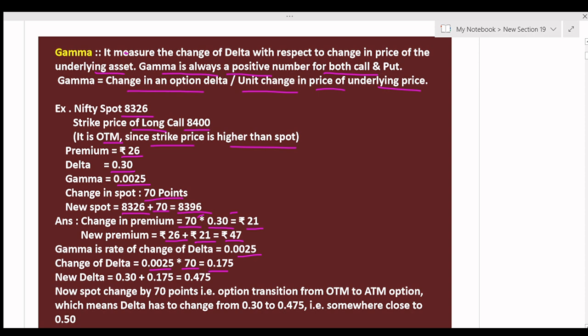So the new delta will be 0.30 plus 0.175, equal to 0.475. As the spot changes by 70 points, the option transitions from OTM towards ITM, which means delta has changed from 0.30 to 0.475, somewhere close to 0.50.